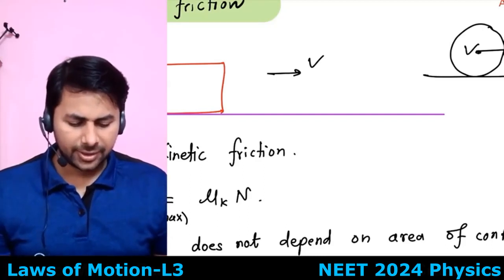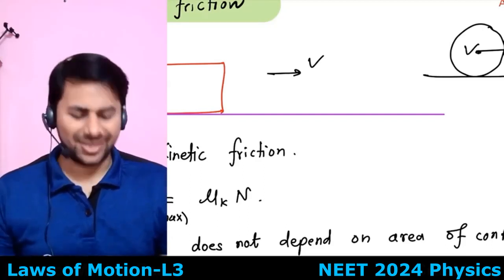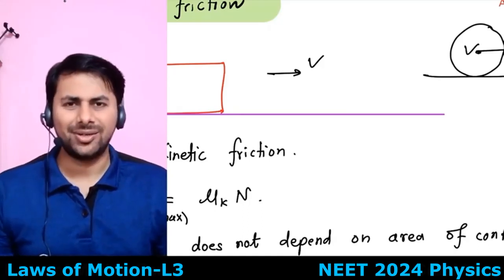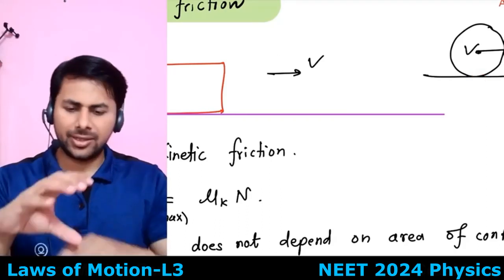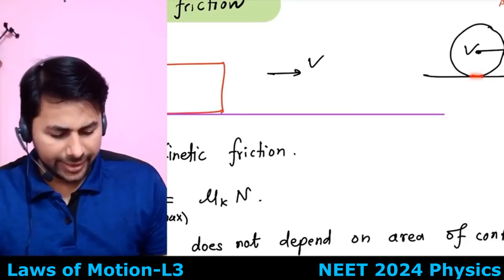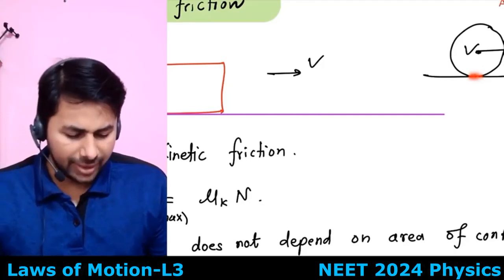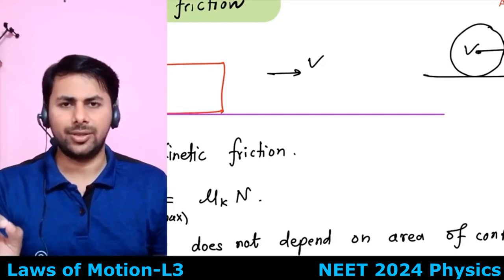So ideally there should be no friction, but practically, there will be some area of contact between these two bodies. It's not like there will be only one point.